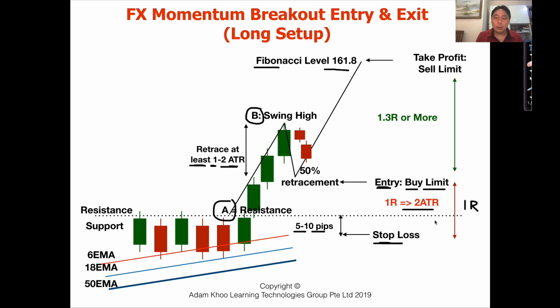So ideally, you want to achieve at least 1.3R or more. Sometimes you could be risking 1R to make 2R, sometimes 1R to make 1.5R, 1R to make 1.3R. So it's different for every trade because your profit target in this strategy is not fixed. It's determined by the Fibonacci extension level. But as long as your profit is more than your risk, it's a worthwhile trade to take.